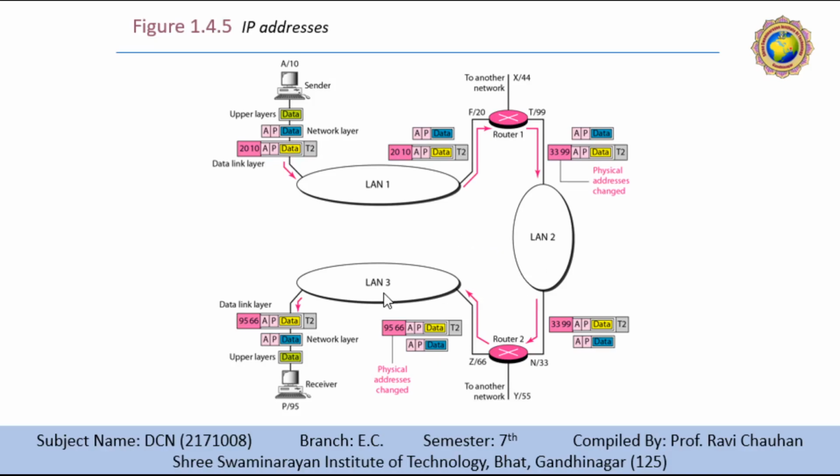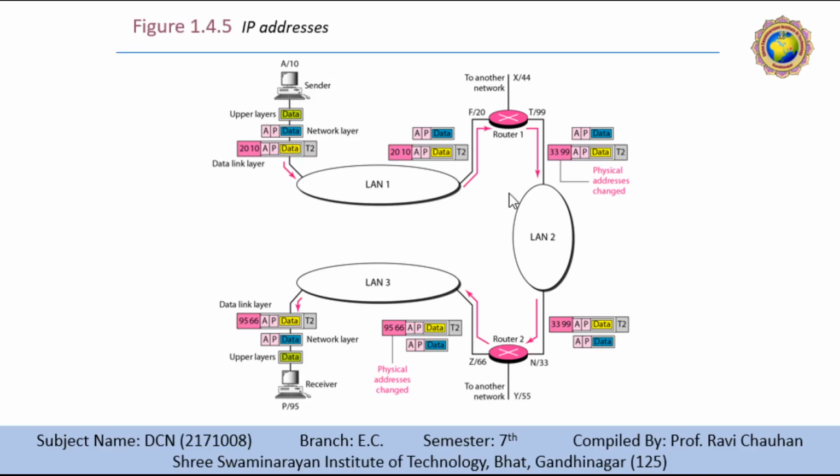Now the network layer passes this address to the data link layer, which then encapsulates the packet in a frame with the physical destination address 20 and the physical source address 10. The frame is received by every device in LAN 1, but it is discarded by all except router 1, which finds that the destination physical address in the frame matches its own physical address.